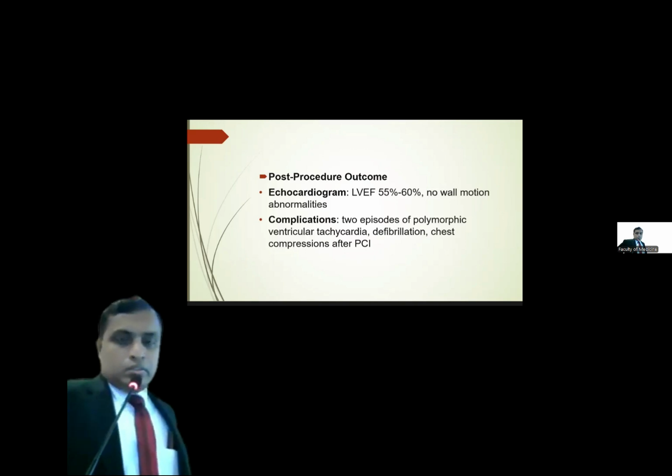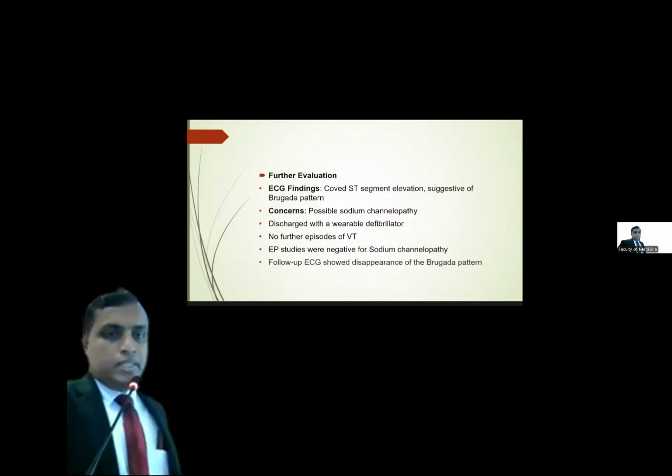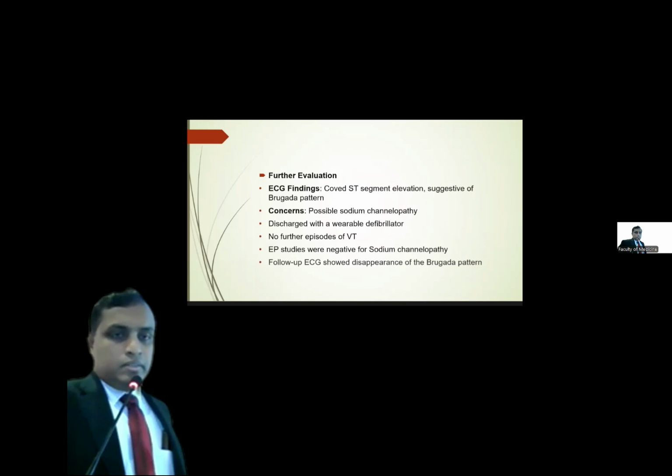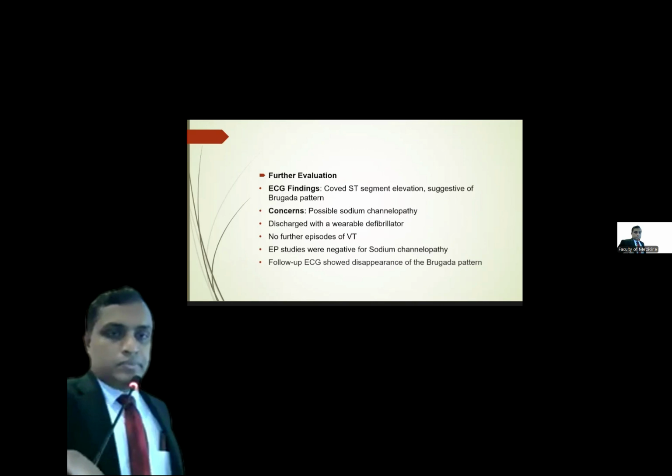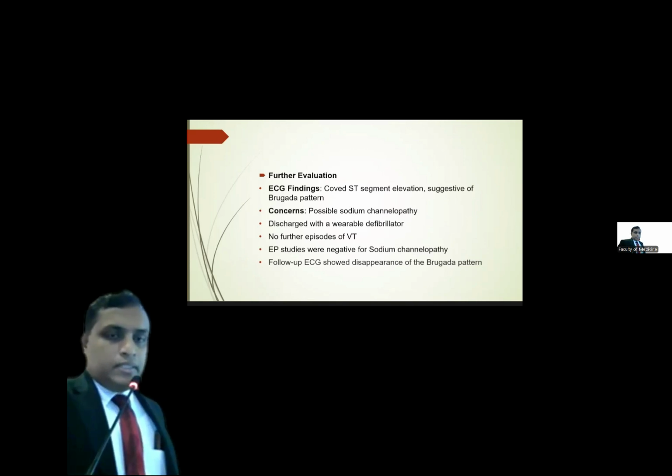Because of that, there was suspicion that he may be having Brugada syndrome as well. Thereafter he didn't have any further episodes, and he was discharged with a wearable defibrillator.